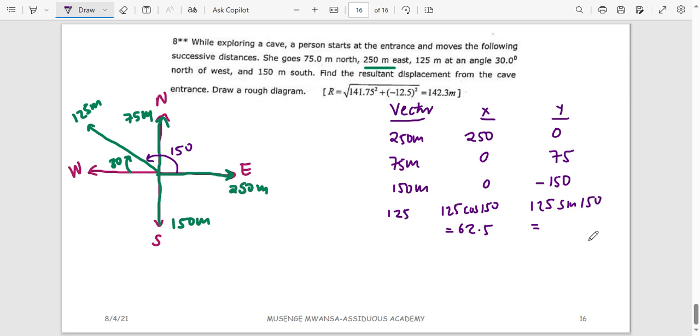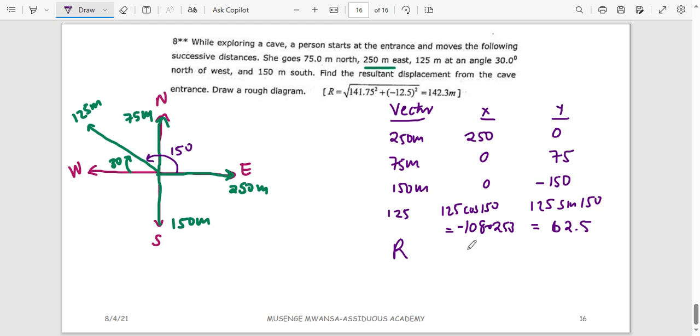Okay, actually the first one that I wrote, I used sine, so this is going to be 62.5. And then this one is the one for cos. That has given me a negative 108.253.